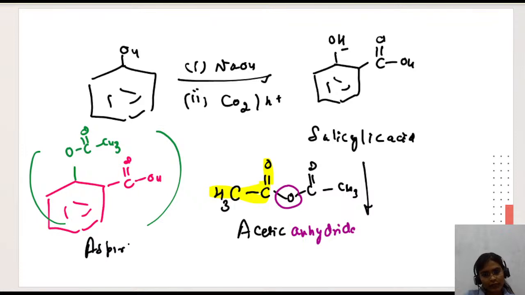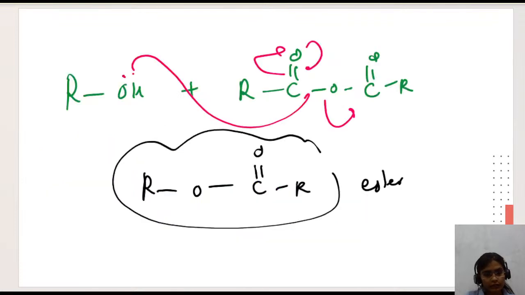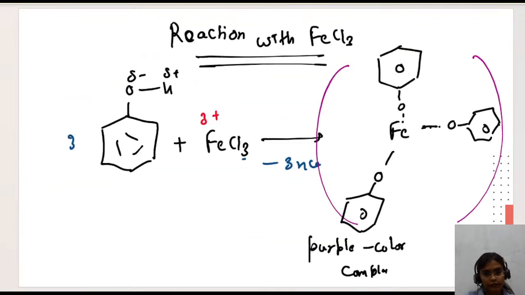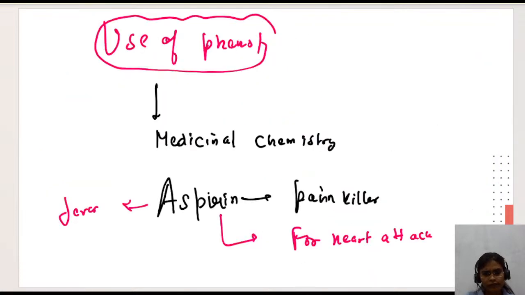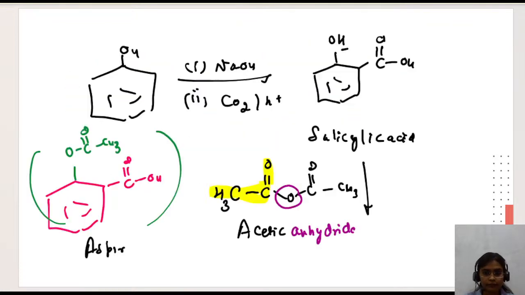So the preparation is a little bit important. Let me just check where the slide is. Okay, so this is all for the aspirin. Now let me just write the uses quickly.